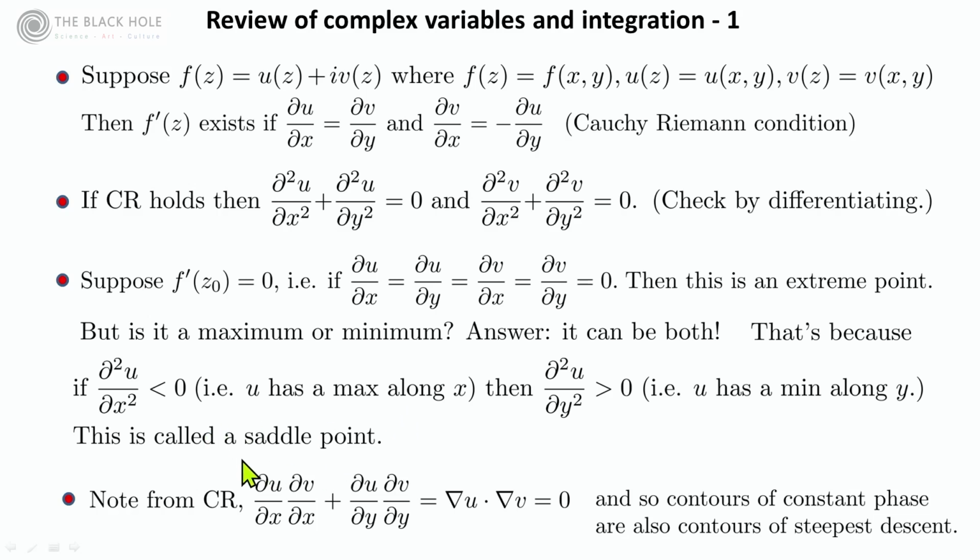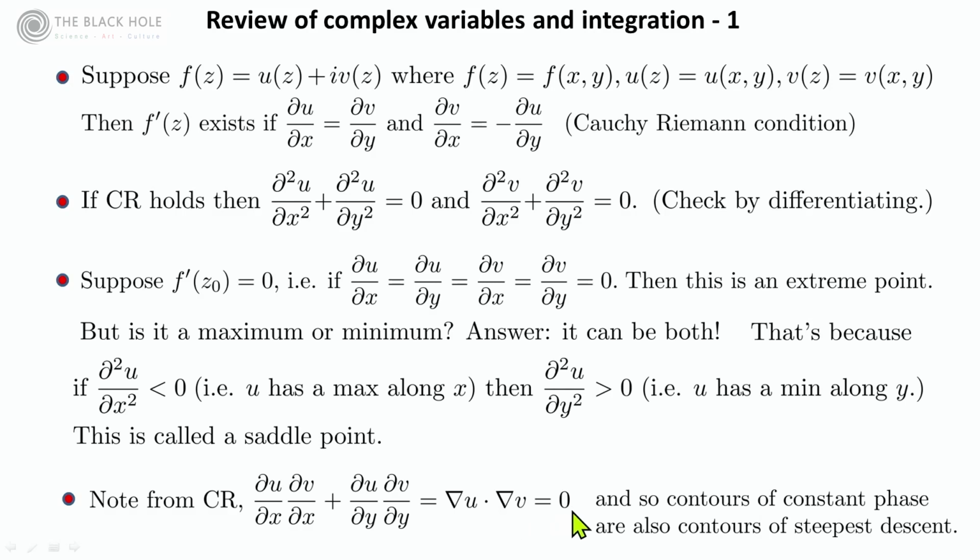We'll picturize this later, but you see that from the Cauchy-Riemann condition, just check this out, it's pretty trivial, du by dx equals dv by dy, and similarly over here, that this is the gradient of u dot the gradient of v being 0.